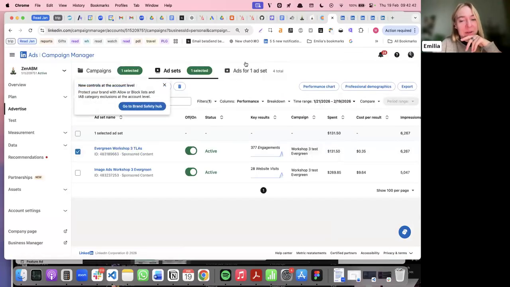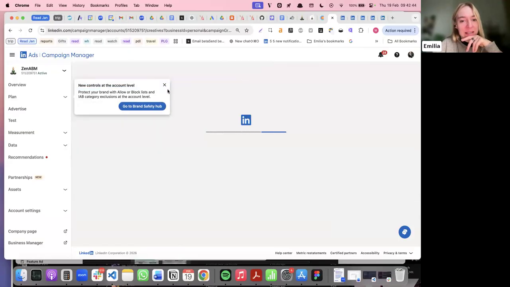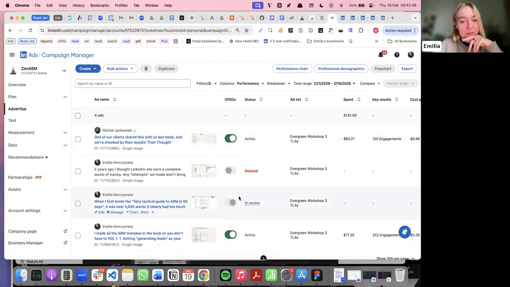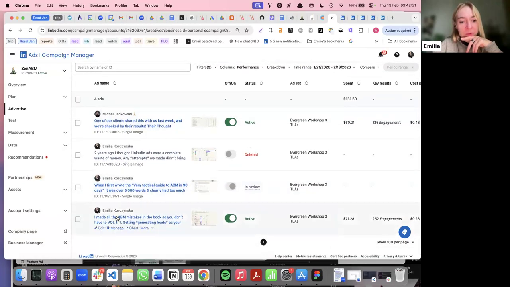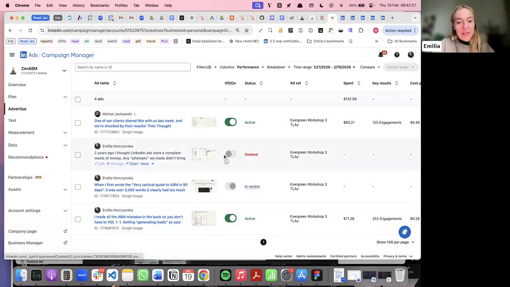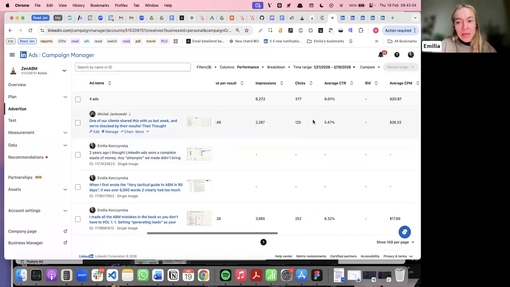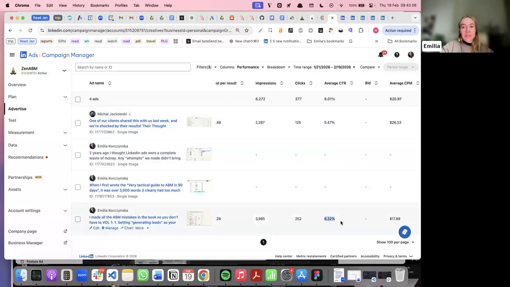I just edited. But going back to the ads in this ad set, let's have a look at the active ones. So we boosted 2. I made all the ABM mistakes in the book, and one of our clients shared yada yada yada last week. How are these performing? So again, average CTR, pretty decent for TLAs.